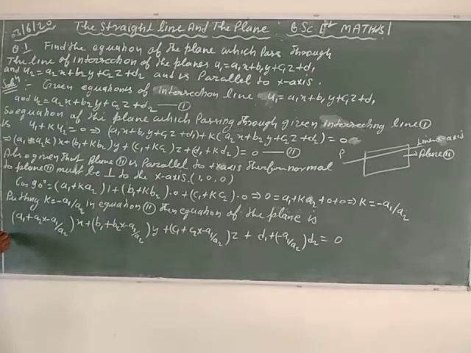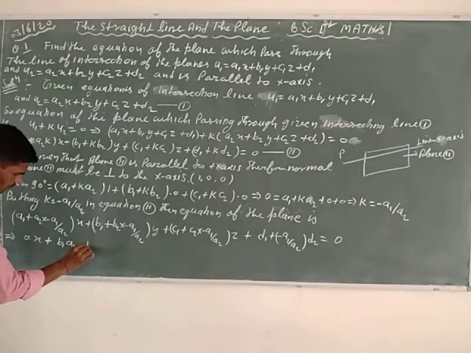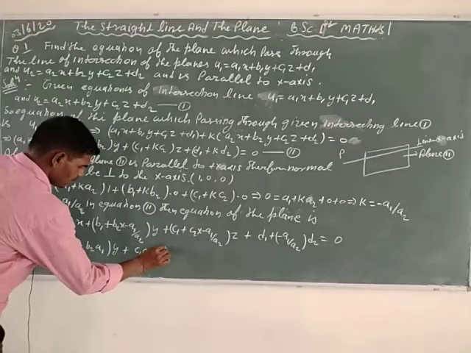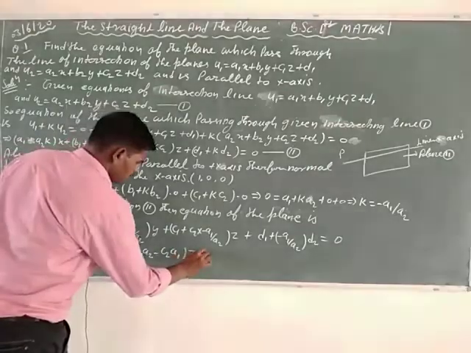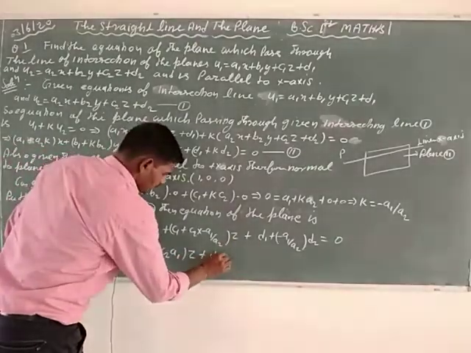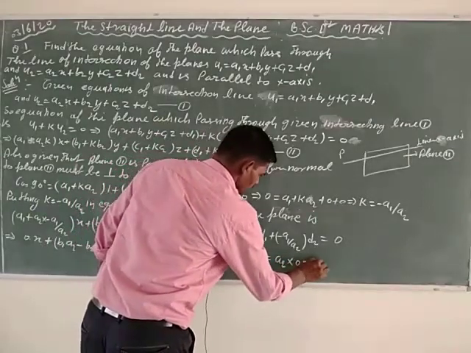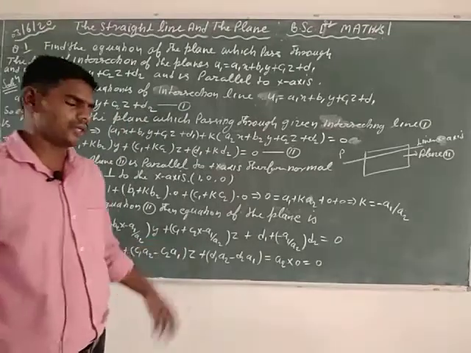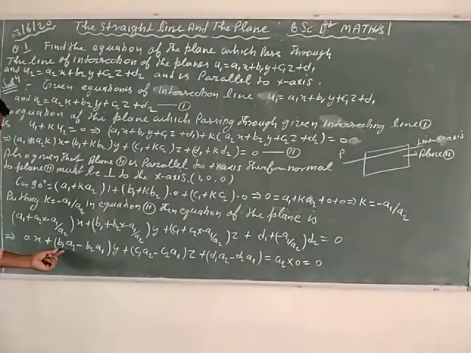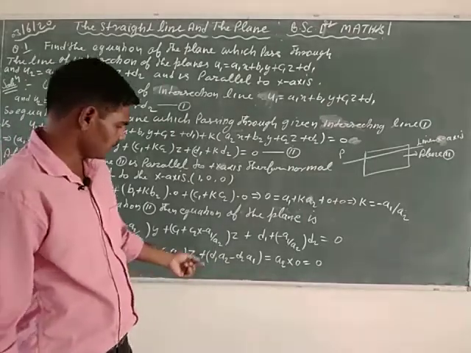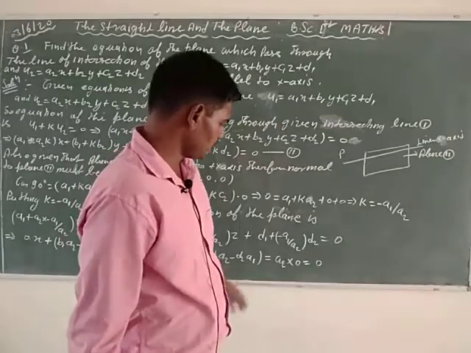So 0 times x plus, after simplification, b1 a2 minus b2 a1 times y, the same for c1 a2 minus c2 a1 times z, and d1 a2 minus d2 a1 is equal to a2 times 0, which is equal to 0. Here a2 is taken as the LCM and each bracket is simplified, giving 0 times x plus b1 a2 minus b2 a1 times y plus c1 a2 minus c2 a1 times z plus d1 a2 minus d2 a1 is equal to a2 into 0, equal to 0.